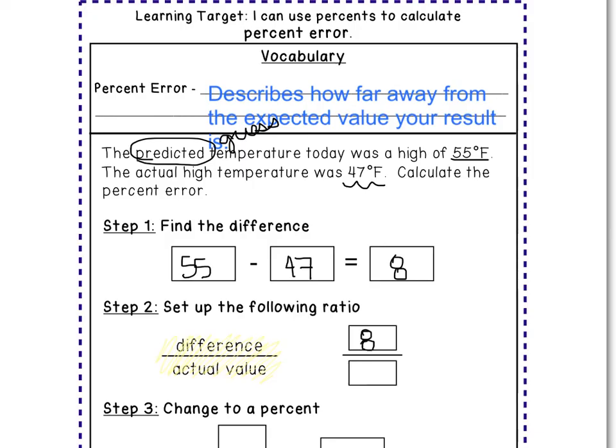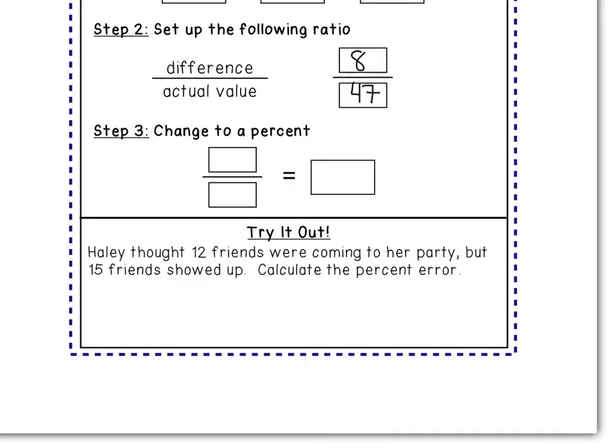We're going to write the difference over the actual value. Temperature was lower than what they guessed, so it's 47. The ratio would be 8 over 47, or 8 divided by 47. Our job is to take that ratio of 8 over 47 and change it to a percent. Remember that vinculum, the fraction bar, means division.